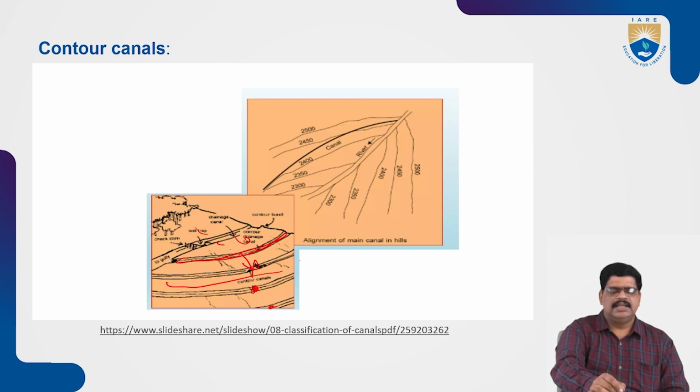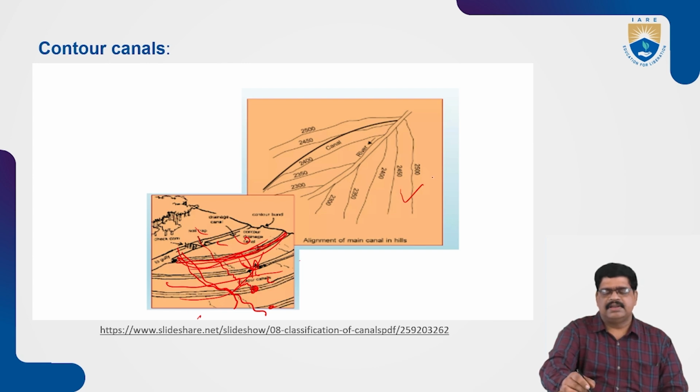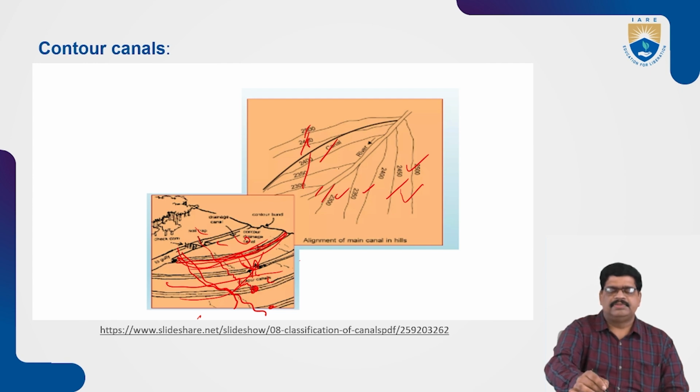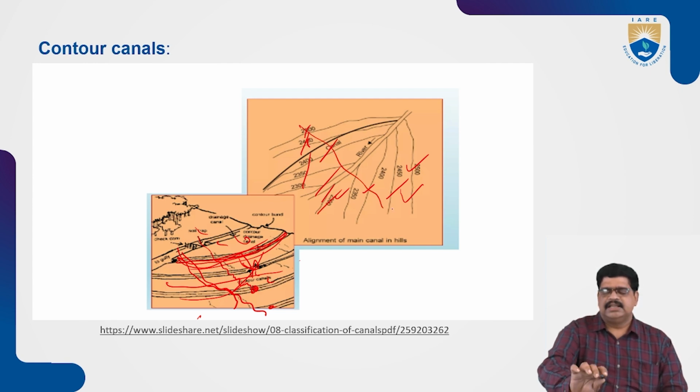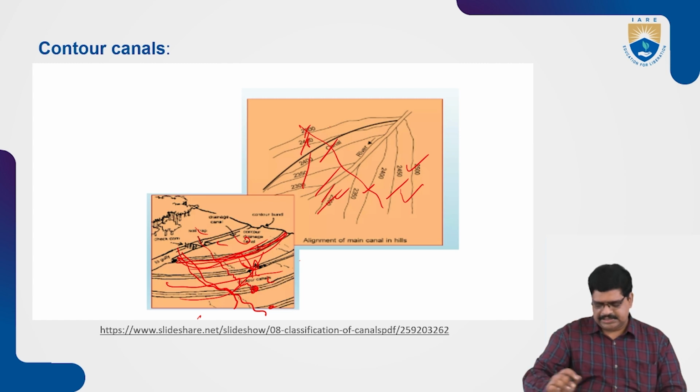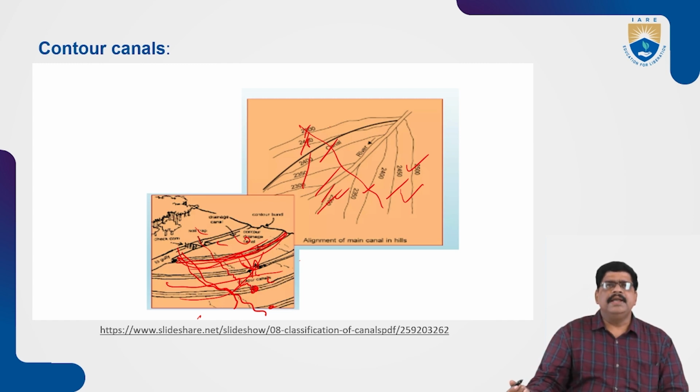In a hilly area the slopes go down slowly, and only then can canals be provided separately. Here the different contour levels are given, showing how the hilly areas are handled. So this is the major contouring of the canals.